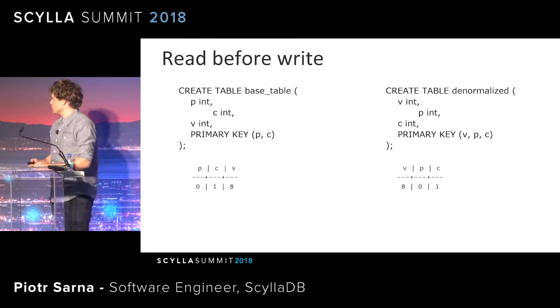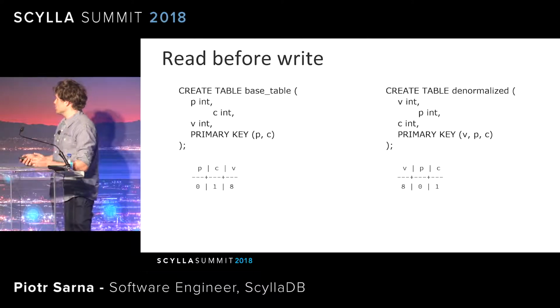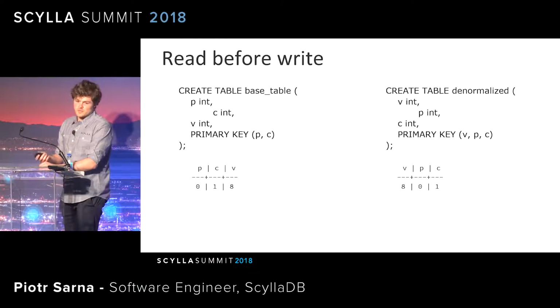That's how it would internally look in the database. Nothing scary so far. Our base table has some data, and in the denormalized table we inserted exactly the same data, just in a different order.